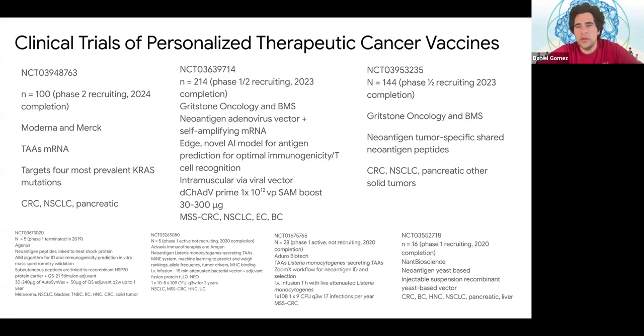Now, we went ahead and retrieved some clinical trials that were applicable to our research. They covered CRC (colorectal cancer), non-small cell lung cancer, pancreatic cancer, MSS CRC, EC, and BC, so endometrial cancer and breast cancer, as well as lung and colorectal cancer.